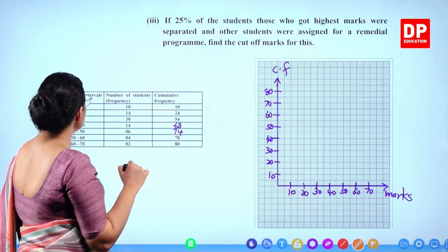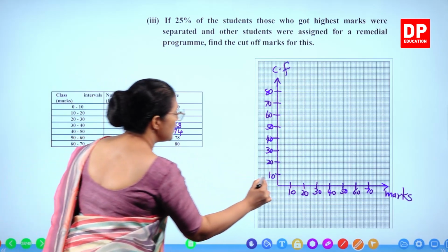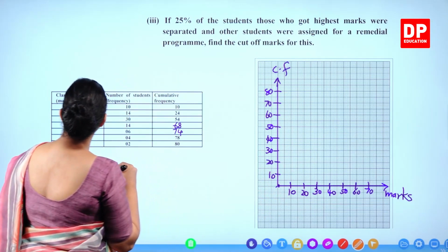Now mark the points. Here the lowest value is 0, 0.